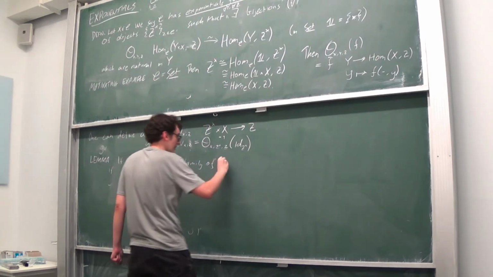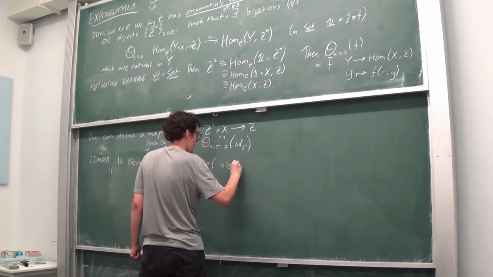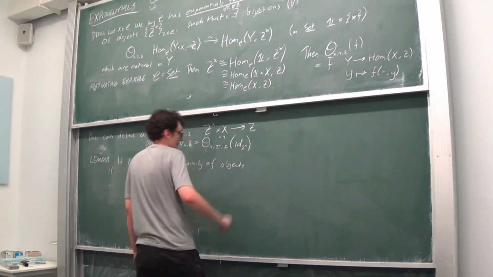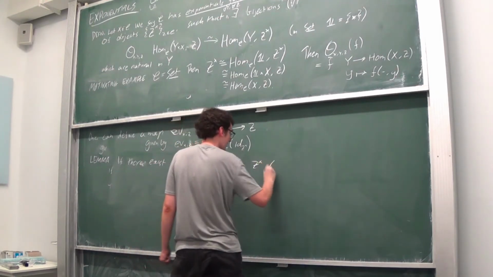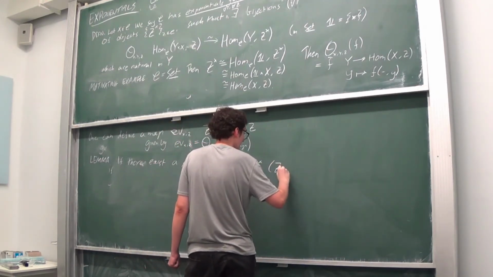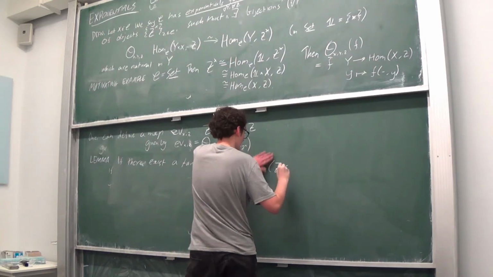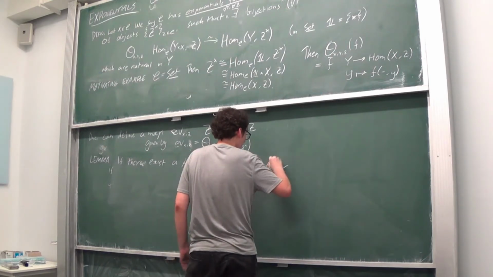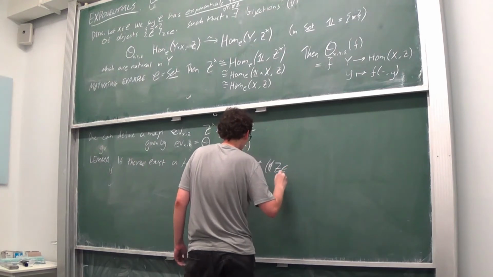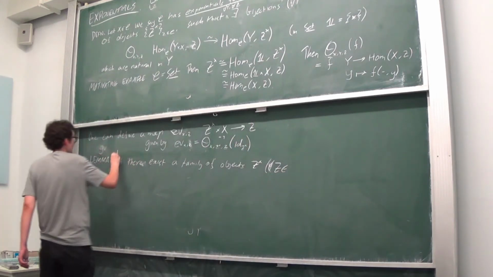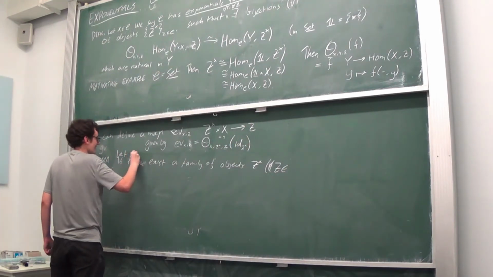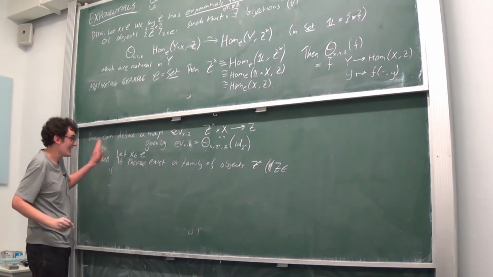So if there exists a family of objects z to the x, where this is quantified over z. I should start with let x in C. So x is fixed.